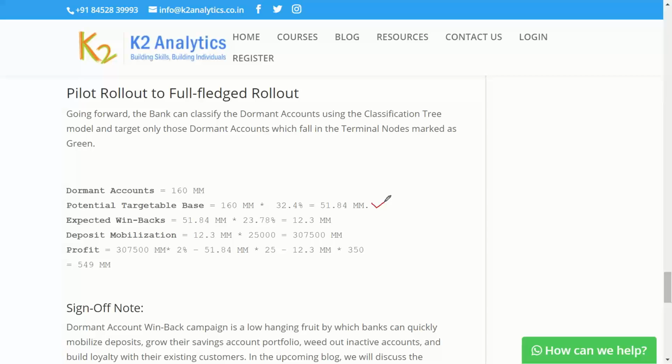From this 51.84 million, I'm expecting a win back of 23.78%, that is around 12.3 million.